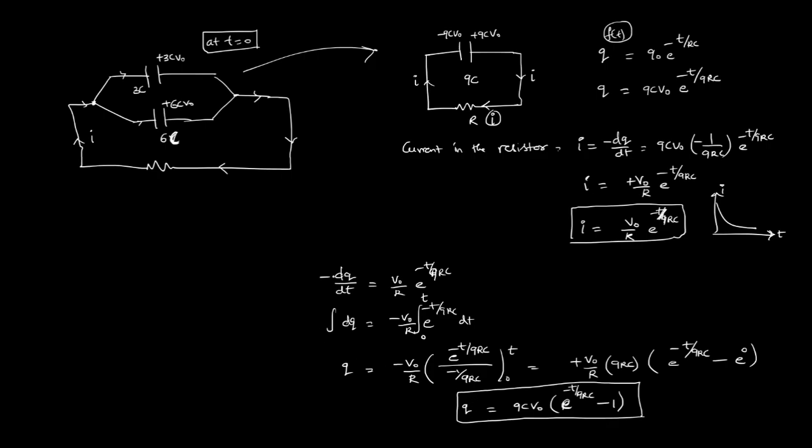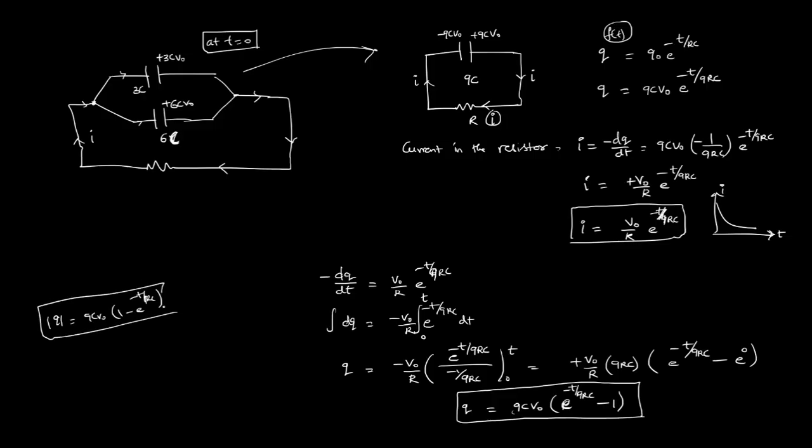This is because we wrote minus dq by dt. As I am writing the minus here, the charge value is decreasing in function. But if you find the magnitude of the charge, then it is equal to 9CV0 into 1 minus e power minus t by 9RC.